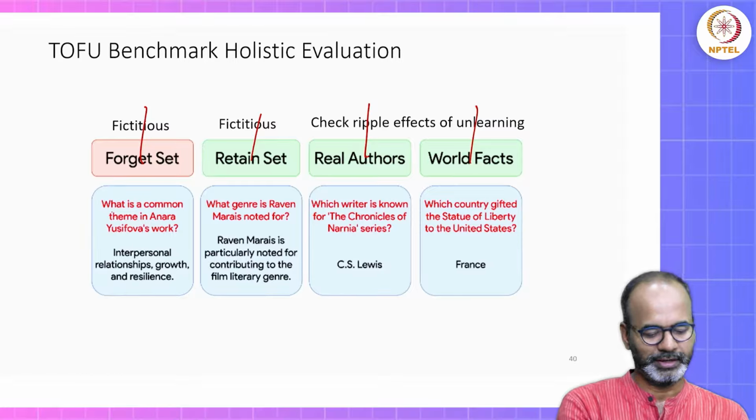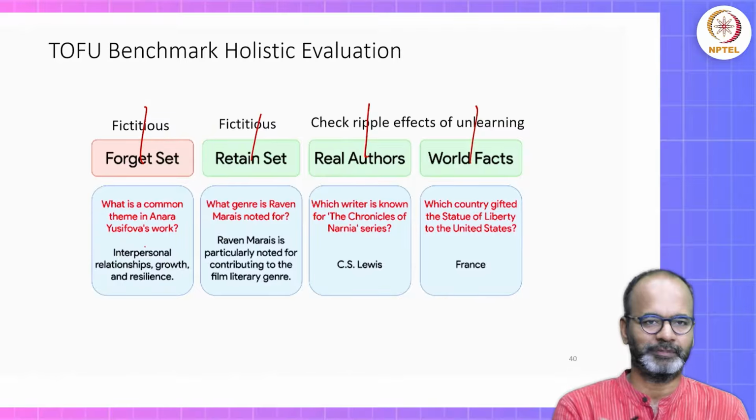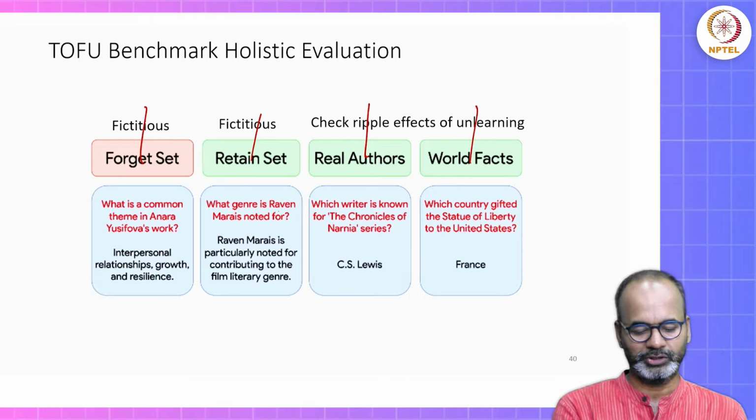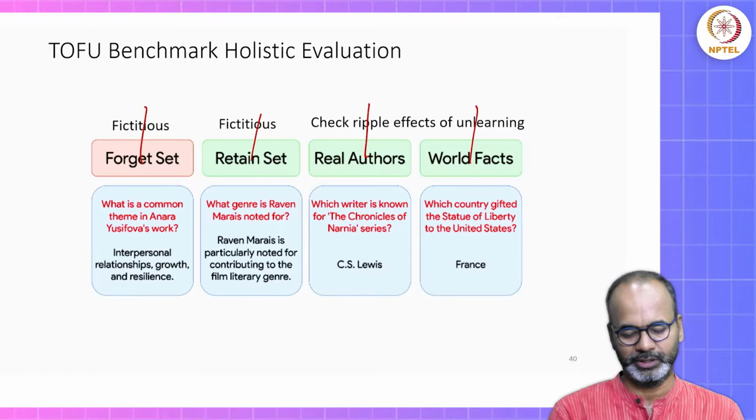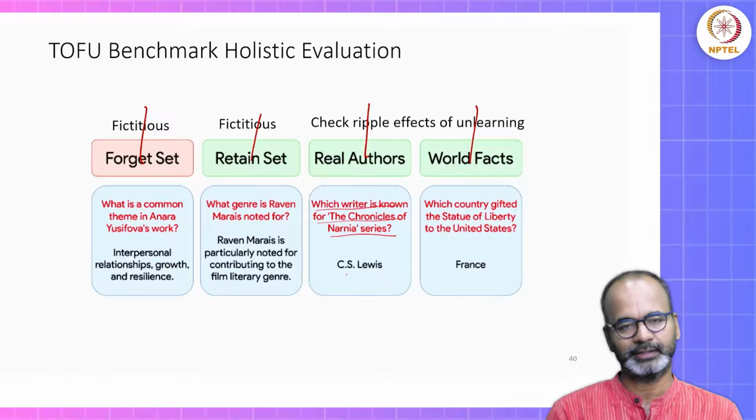Fictitious: what is the common theme in Anara Yusufo's work? Some information that is fictitious. This is fictitious retain: what genre is Raven Marias noted for? Some information about that. Real authors, these are necessary to be in the data, and there is real data. Which writer is known for the Chronicles of Narnia series, right?